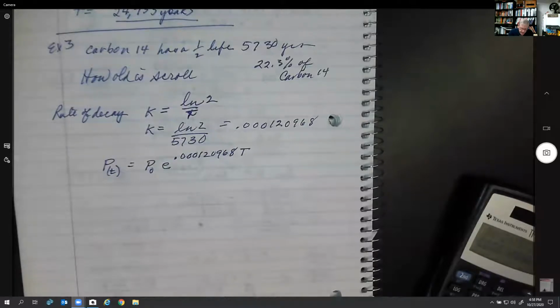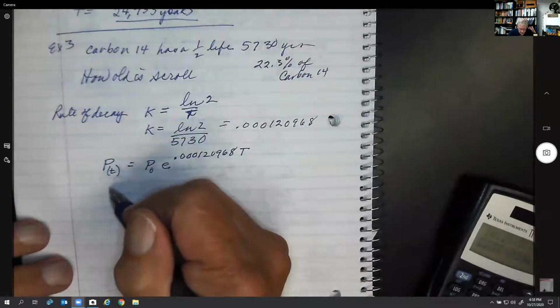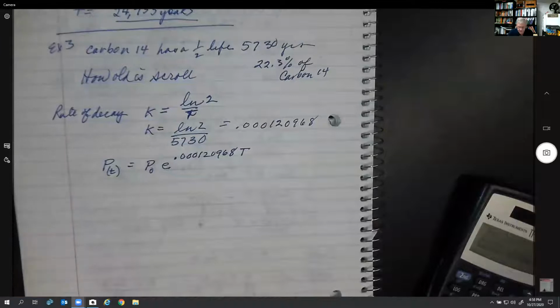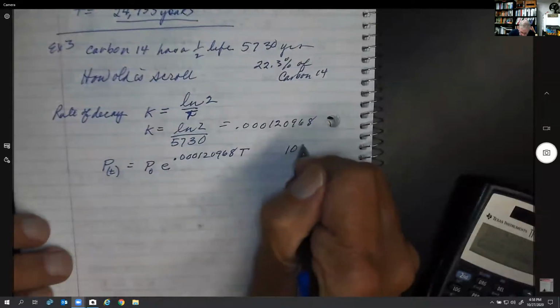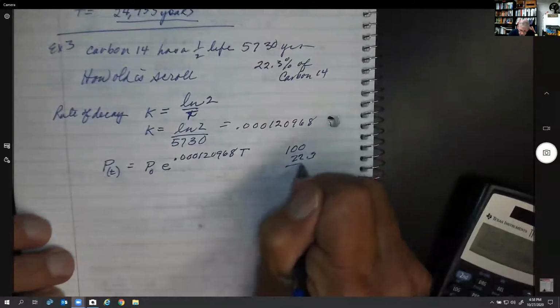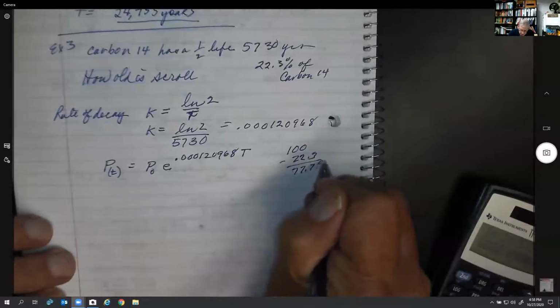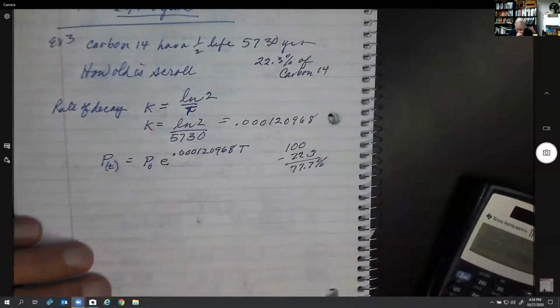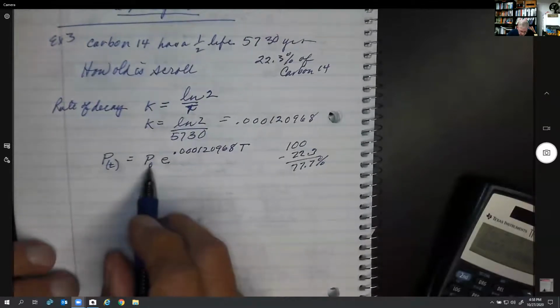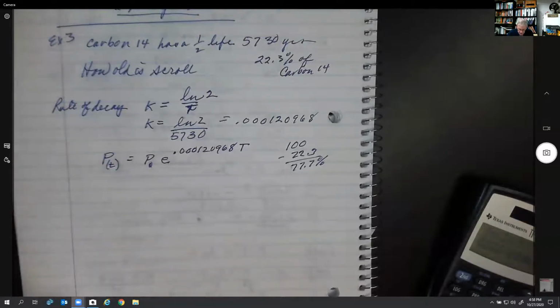What we're trying to get to is 100%, but we're already showing decay, so we're going to subtract the 22.3 from 100%. And that comes out to 77.7%, which we're going to change. We could either leave it that way and change P0 to 100%. This was our initial amount, 100%, and 77.7% is what our final outcome is going to be.